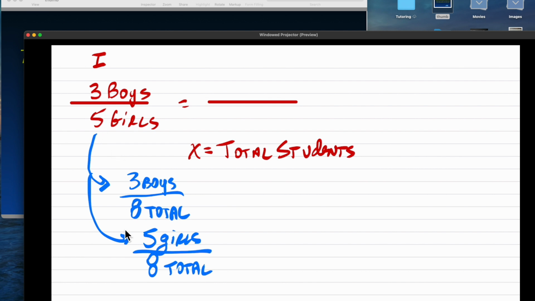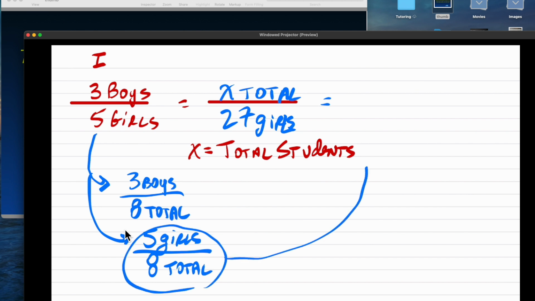Okay, so now we're going to use, let's see, what are they? Oh, 27 girls. Okay, so if there's 27 girls here, x total, we are going to use this ratio here. We're going to flip the units around so they match.